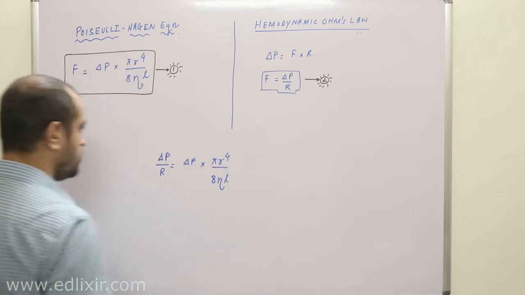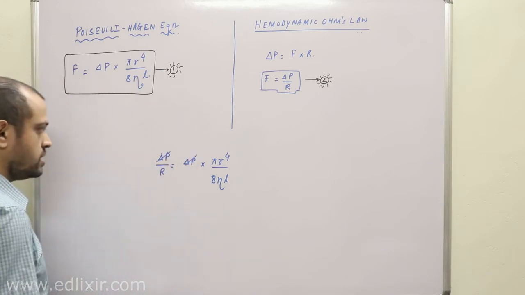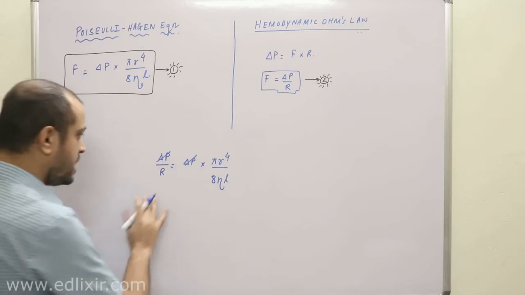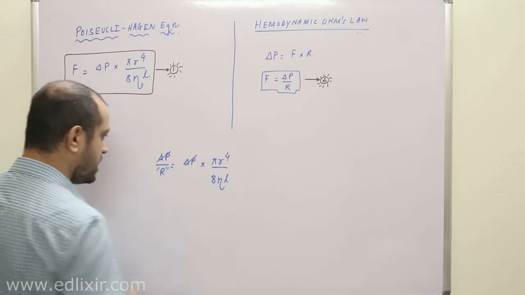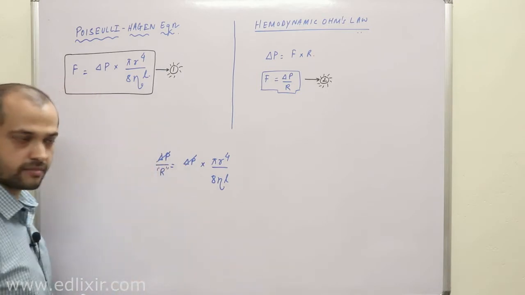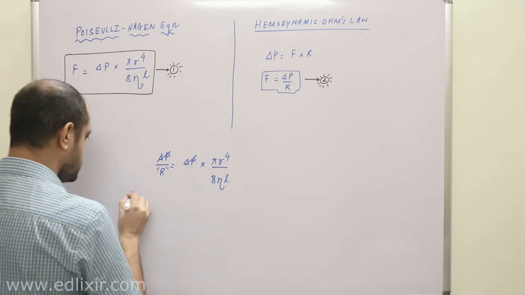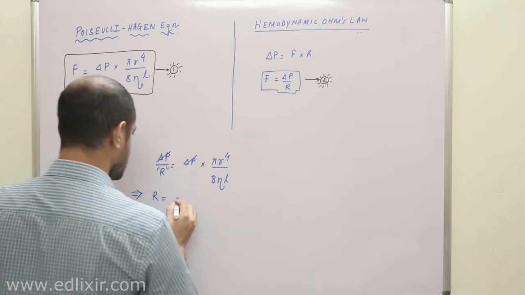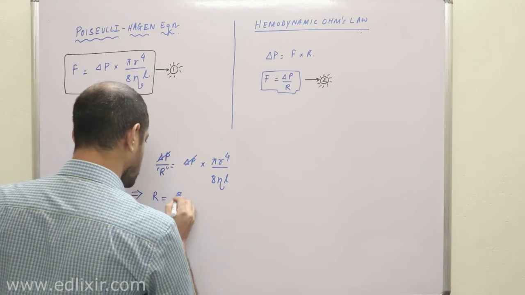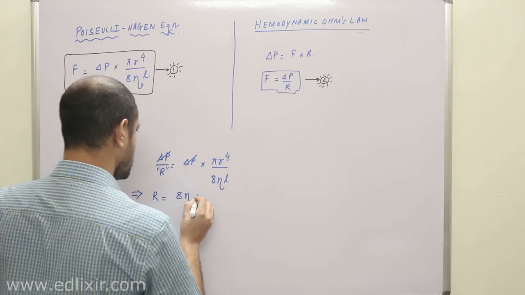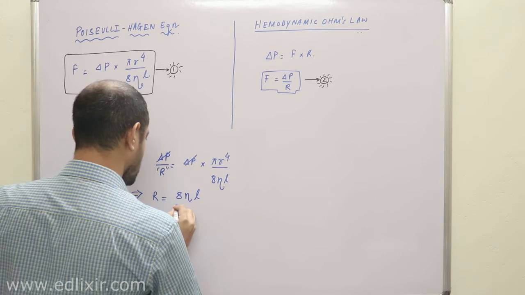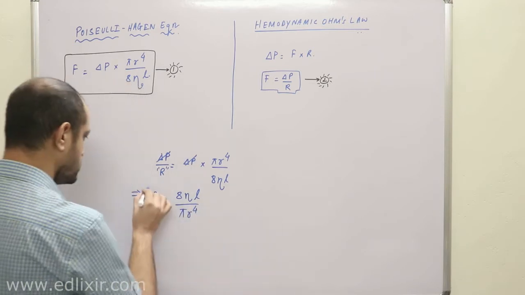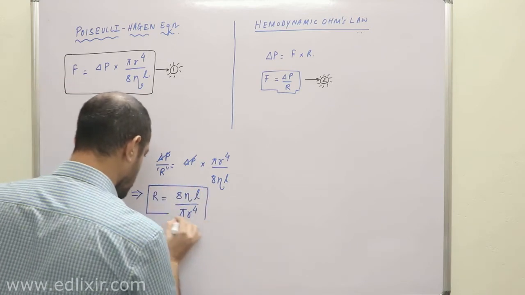Now cancel this delta P. Now stop the video right now and make R the subject of this whole equation. Clear? Now I am solving this. Right?